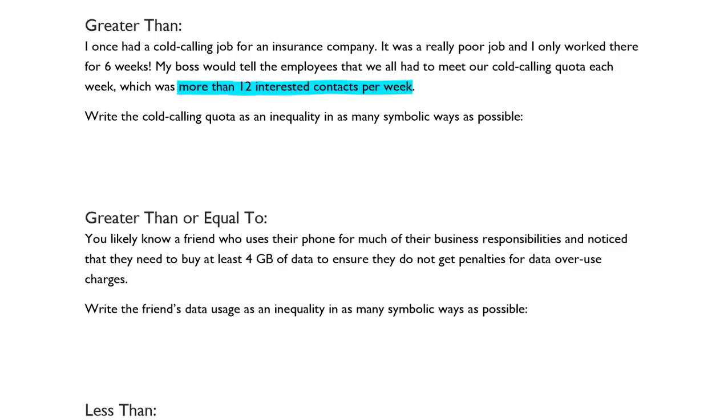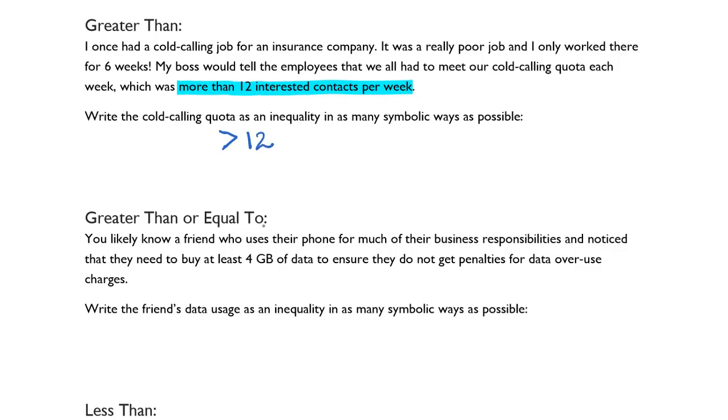So I know that my inequality has to be greater than, and it's always the big side is how you would read it, big side first. So since the big side of the inequality is open, that means this is read as greater than 12 interested contacts. So then the 12 would be there.